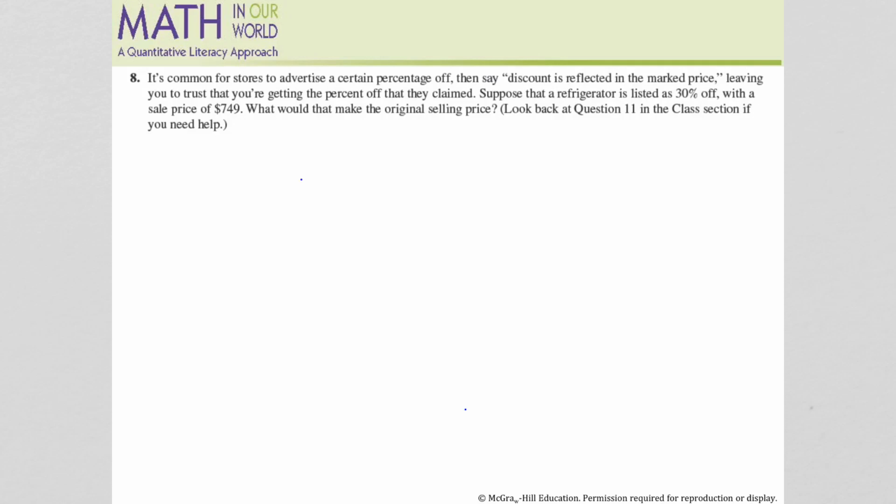Okay, so if it's 30% off, that's the same thing as the cost being 100 minus 30, or 70% of the original price.